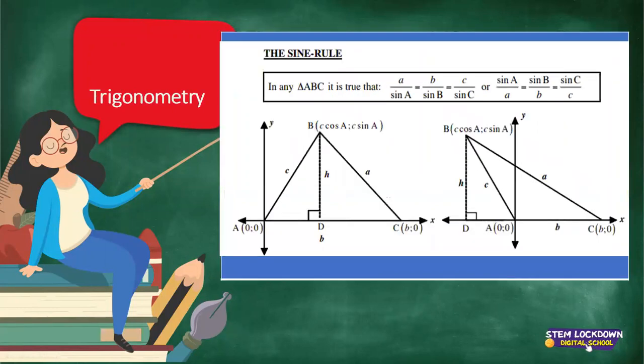Now, how does this work? With triangles that are not right-angled triangles, we use the sine rule. So what does the sine rule say?